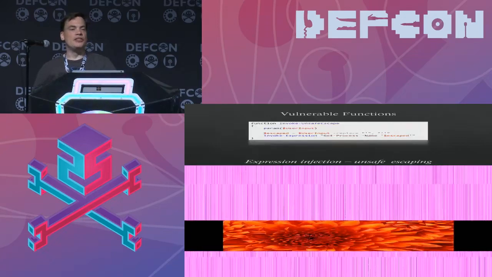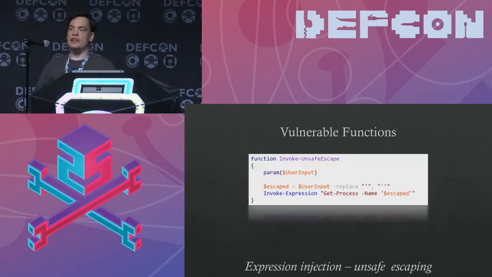But sometimes you'll see somebody who thinks that they're aware of the invoke expression vulnerability, and what they decide to do here is, well, I'm going to do get process dash name. I'm going to escape the user input with single quotes, because single quotes are kind of the safest kind of thing in PowerShell. And the line before that, I'm going to escape out single quotes with other single quotes.